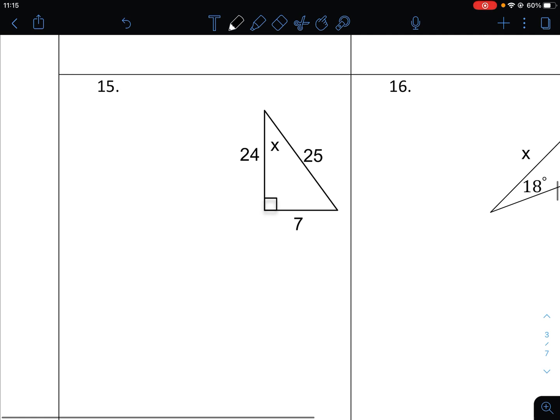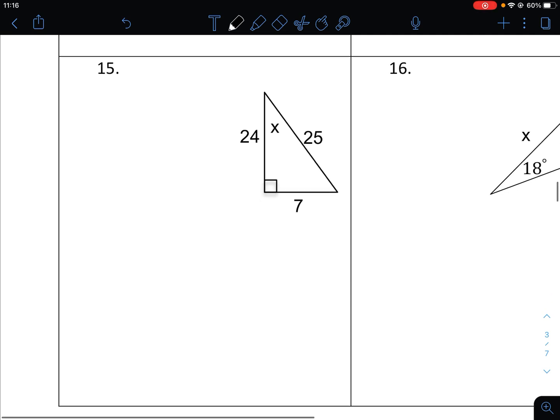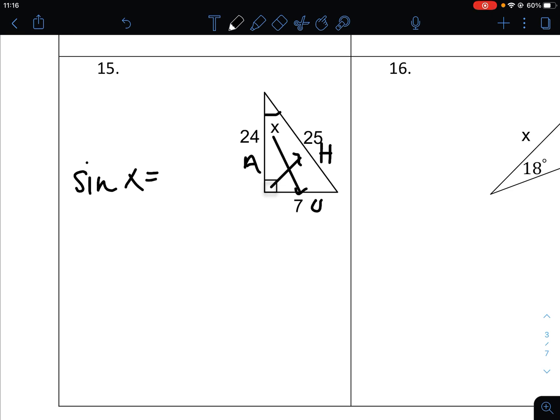Let's finish up. Now for 15, all three sides are labeled. So we could actually solve this using any trig function we like. Let's go ahead and label that triangle, hypotenuse, opposite, adjacent. If we decide to use the sine function, we would have the sine of x equals opposite over hypotenuse, 7 over 25.